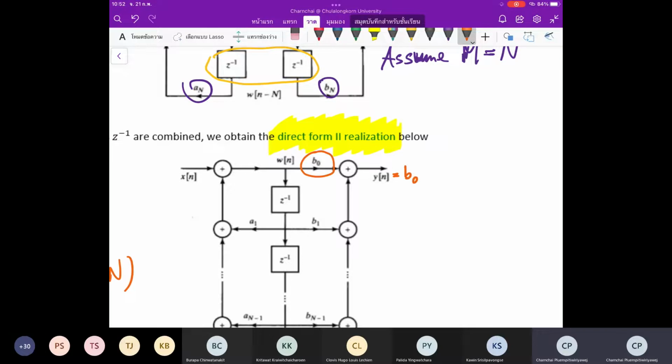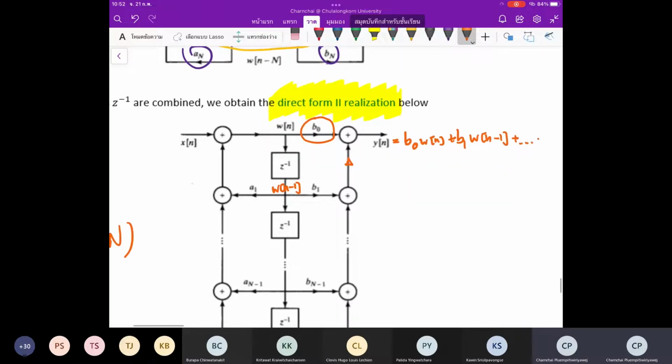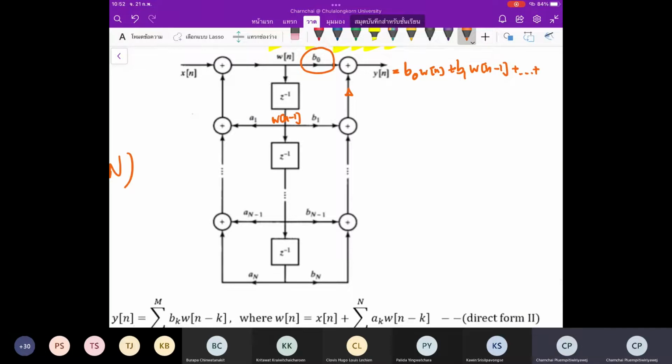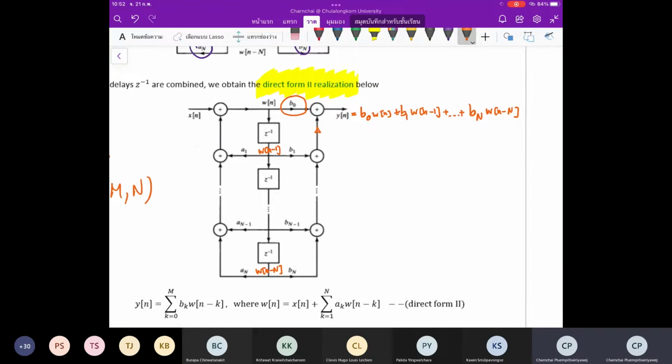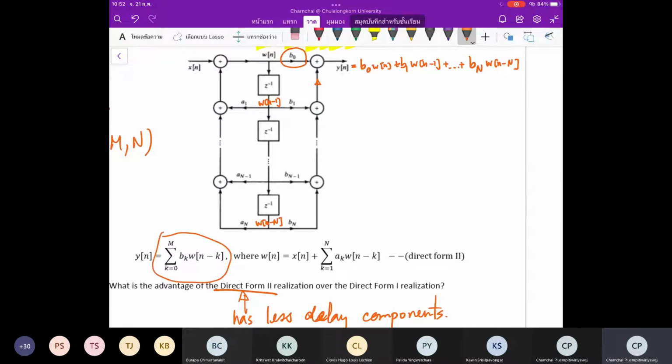According to this leg, it's going to be b0 times wn, plus b1 wn minus 1, plus, until the last one, wn minus N. So plus until bN wn minus capital N, which is this one.